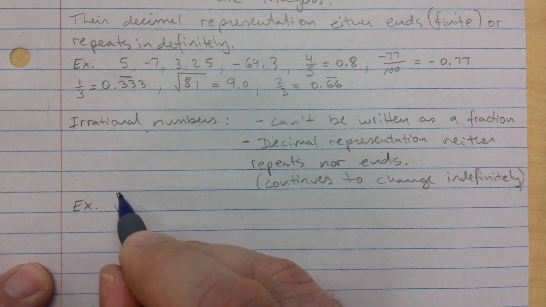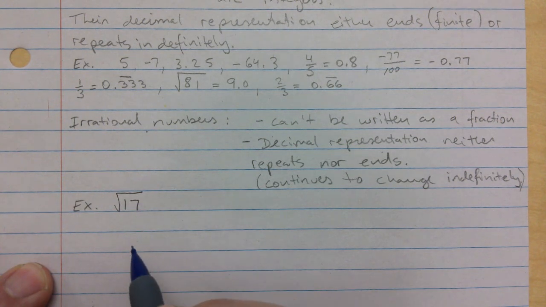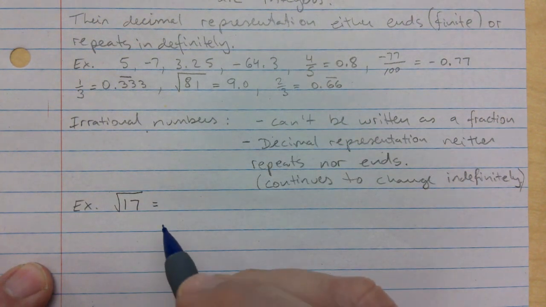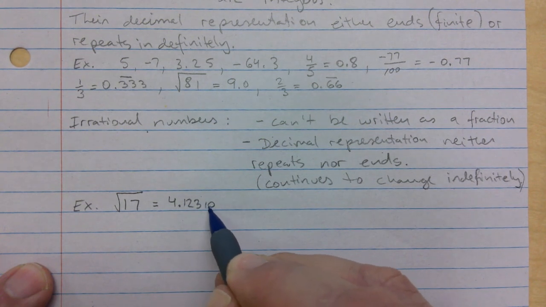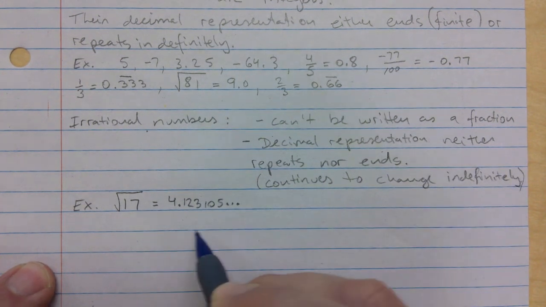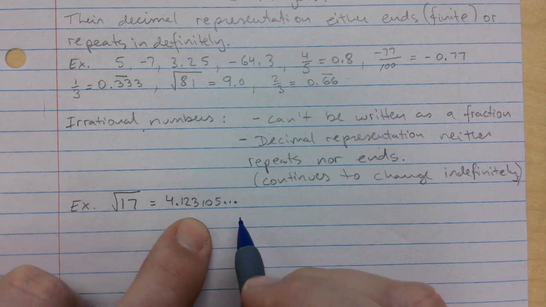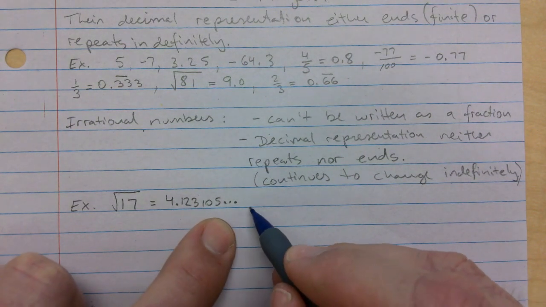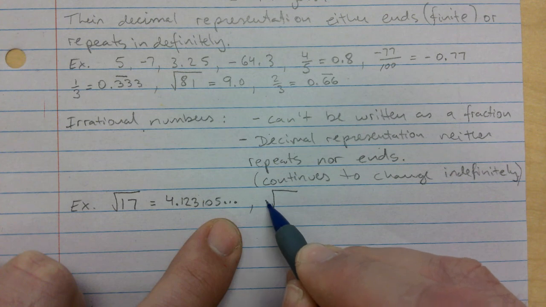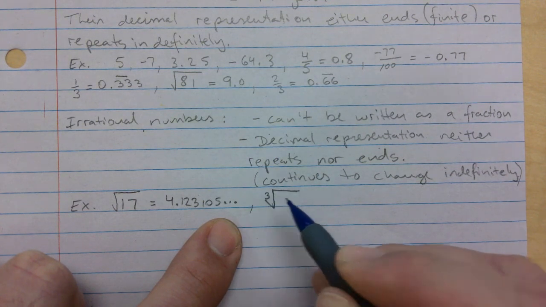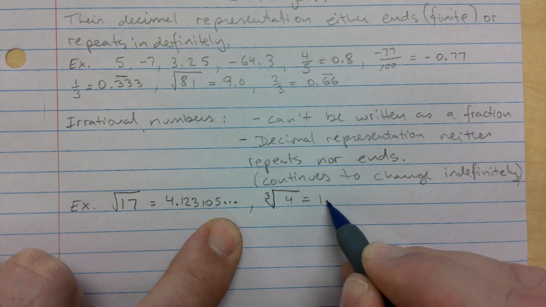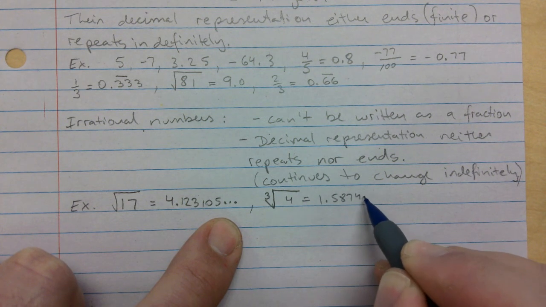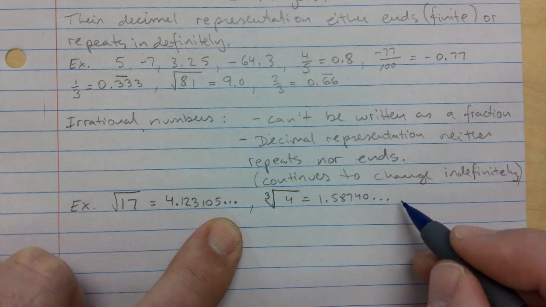The square root of 17 would be considered irrational. So if you use your calculator for that, this is what you get, and it keeps going. So that would definitely be considered an irrational number. The cube root of 4, pardon, is 1.58740, and that keeps going, right?